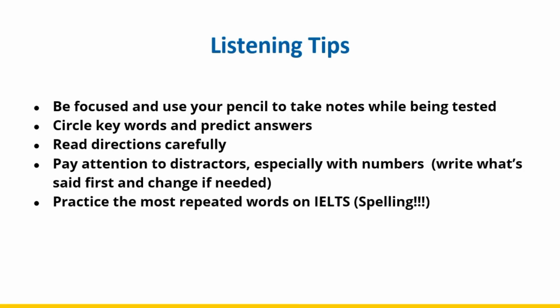And the most important one as well is your spelling. So make sure you are practicing your spelling a lot, because if you misspell some words, your answer is going to be incorrect. Even if the word is correct, if it's not spelled correctly, your answer is going to be marked wrong. So make sure you keep in mind these tips, and I'm sure they're going to help you a lot during your test.